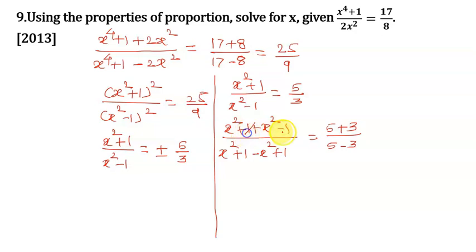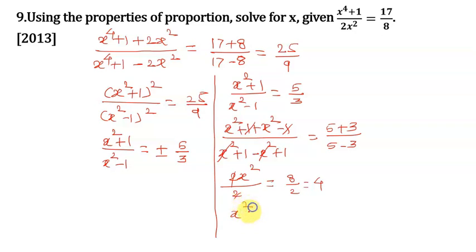If we simplify this, plus 1 minus 1 get cancelled. Then you will get here 2x square, x square minus x square get cancelled. 1 plus 1 will get here 2, and here 8 upon 2. This 2 will again get cancelled. 8 upon 2, and that's equals to 4.